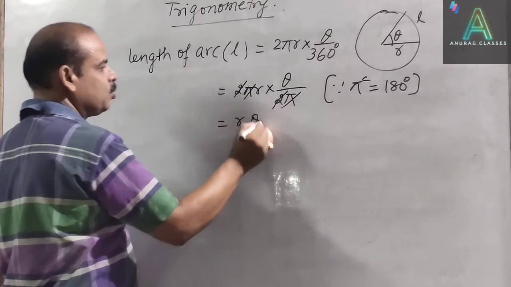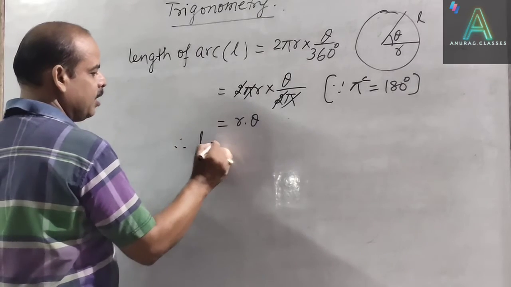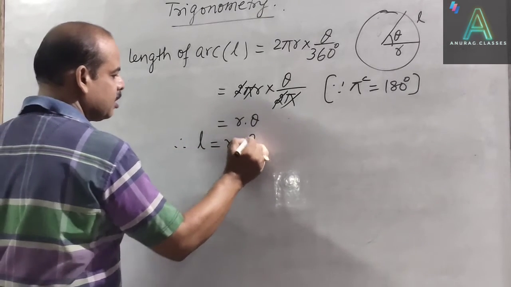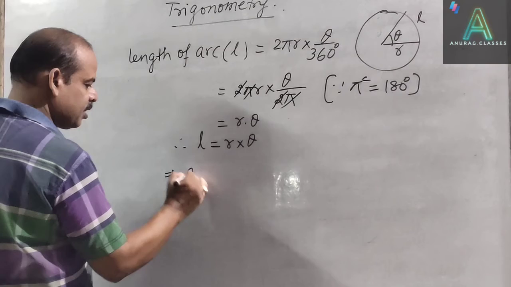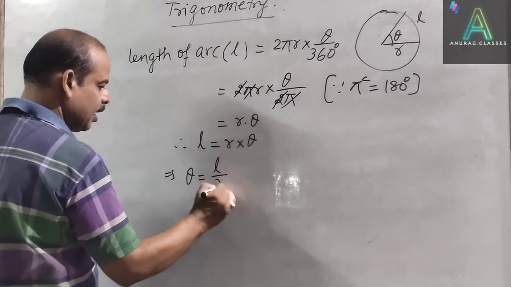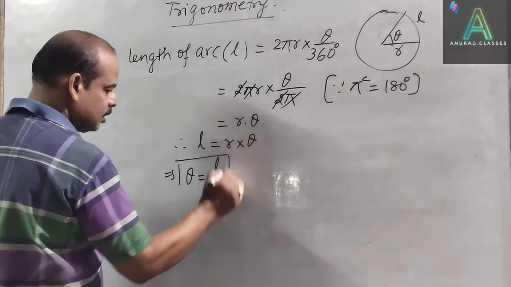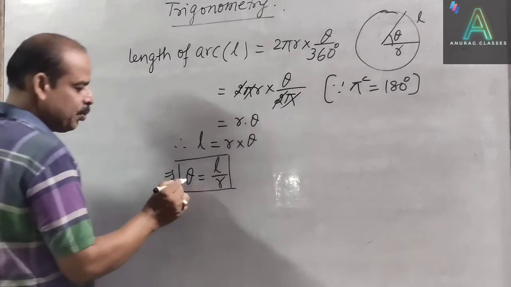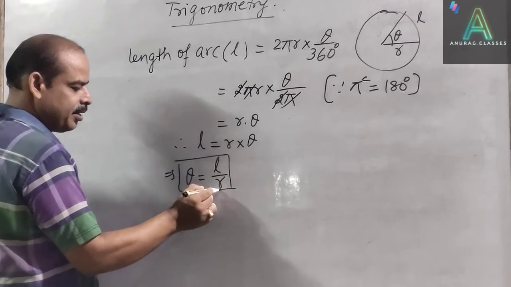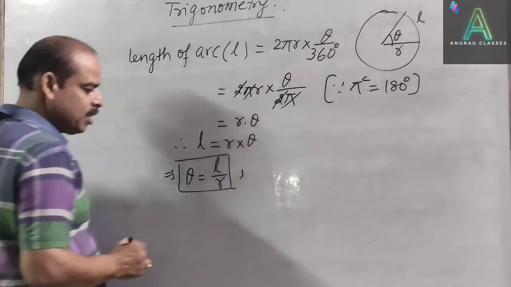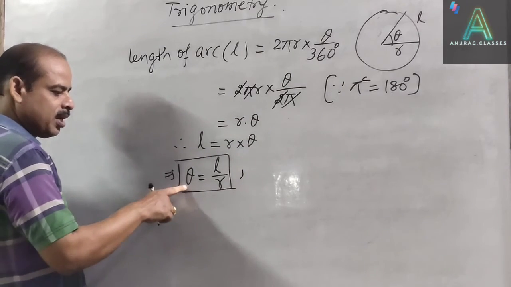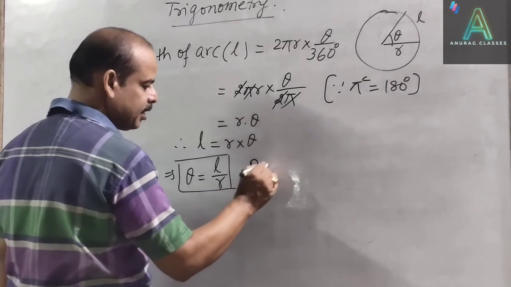So we get r into theta. So L is equal to r into theta. So what should be the value of theta? It will be L upon r. This is an important relation between angle, length of arc and radius. But before using this formula, you have to remember all the time that theta is in radian.